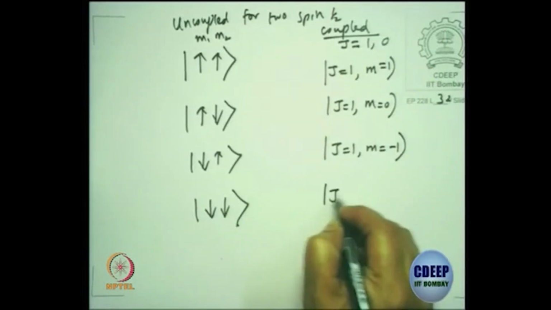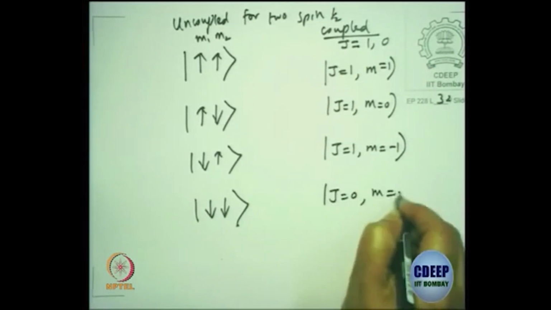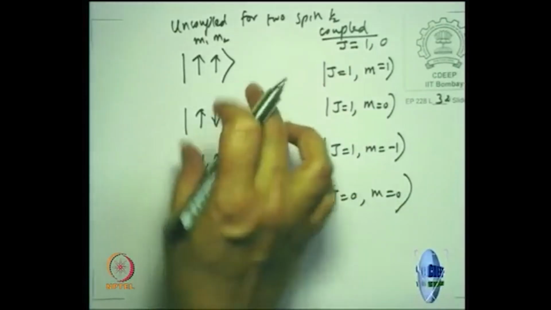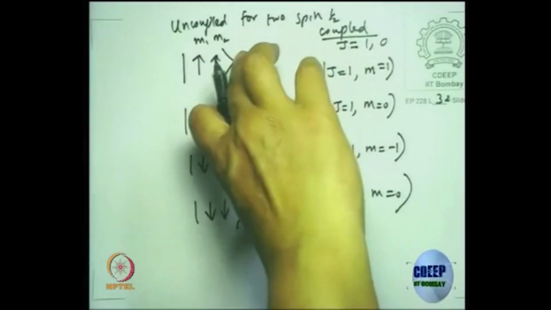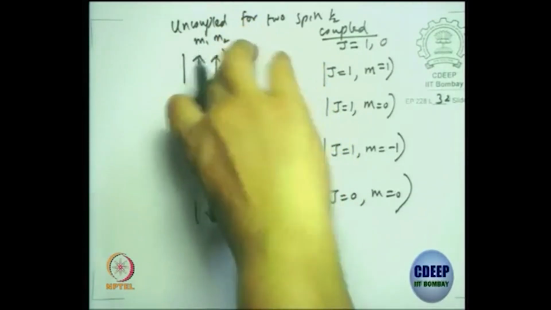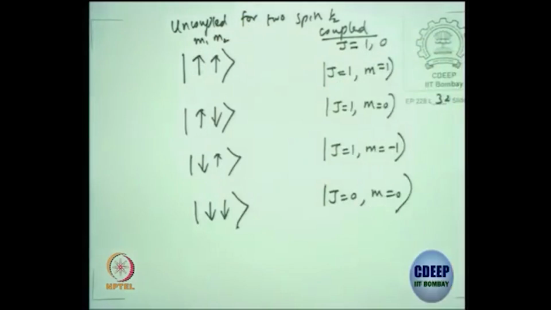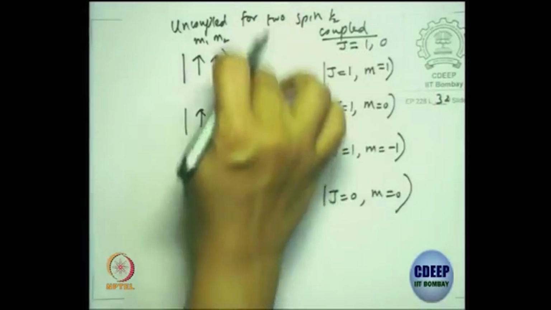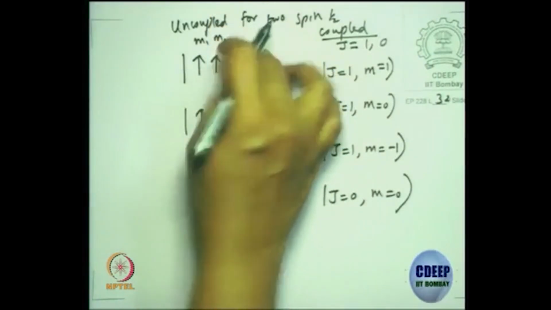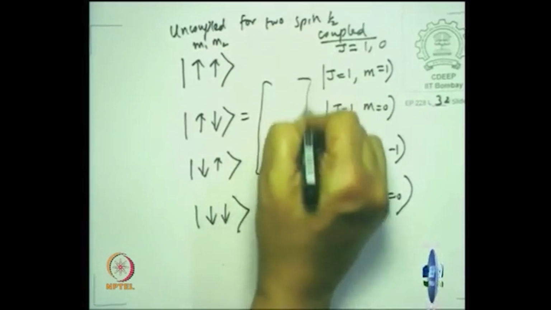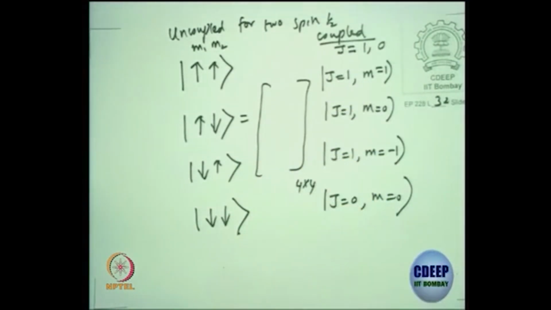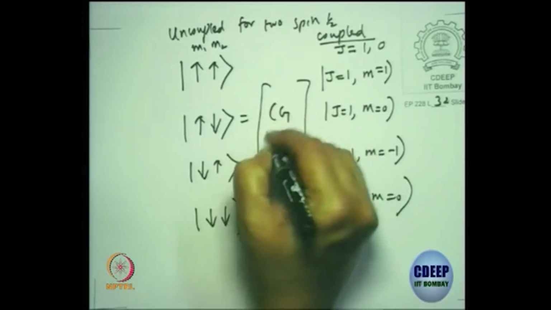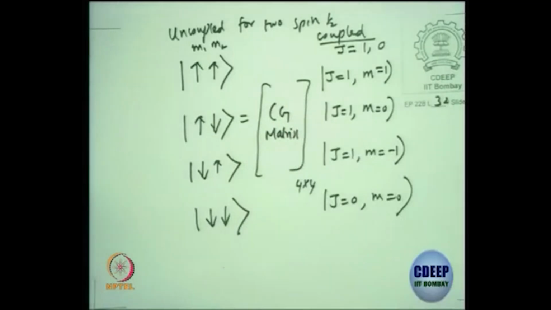J equal to 0, M equal to 0. Interestingly, this is what we expect also. The dimensionality of the uncoupled basis should be the same as the dimensionality of the coupled basis. This is 4-dimensional. This is 4-dimensional. So this should be related by a matrix which is a 4 cross 4 matrix. This is the CG matrix. We are interested in finding the CG matrix.